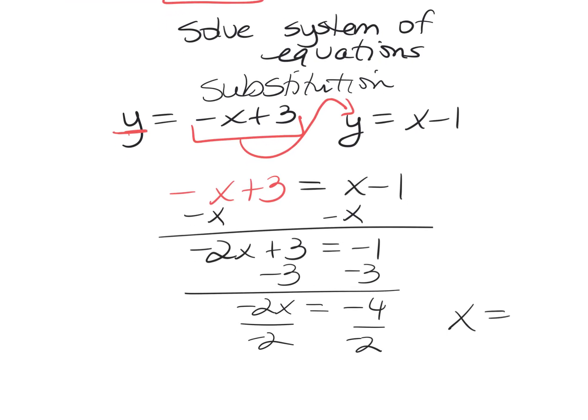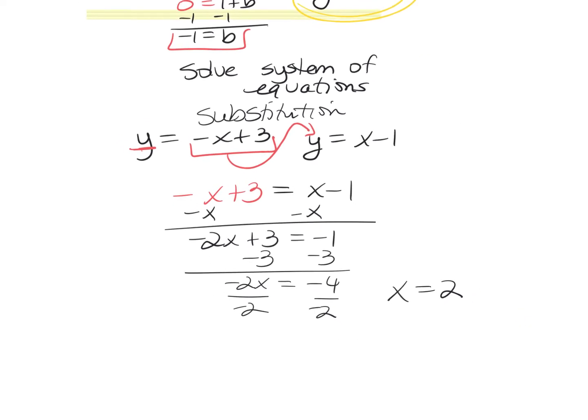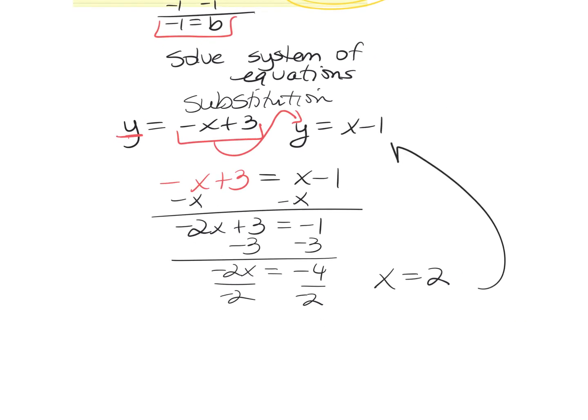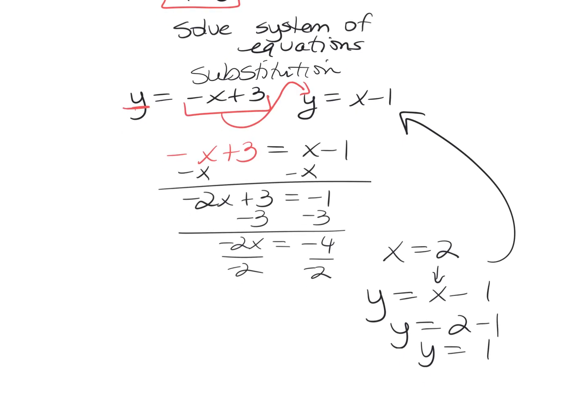And the x of that point of intersection is positive 2. Now I need to find the y. So I'm just going to take this equation, plug in x equals 2, 2 minus 1, and the y of the ordered pair is 1. So my point of intersection is the ordered pair 2, 1.